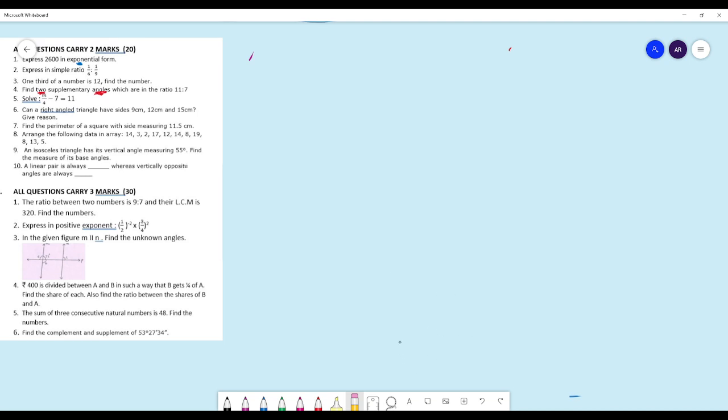Yes. So let us take up question number 7. Question number 7 says, find the perimeter of a square with sides measuring 11.5 centimeters. Perimeter of a square is equal to 4 into side. So it's the simplest of all, 4 into 11.5.